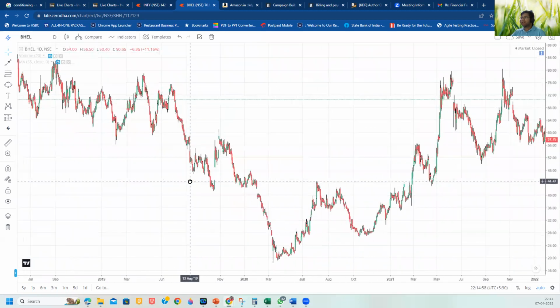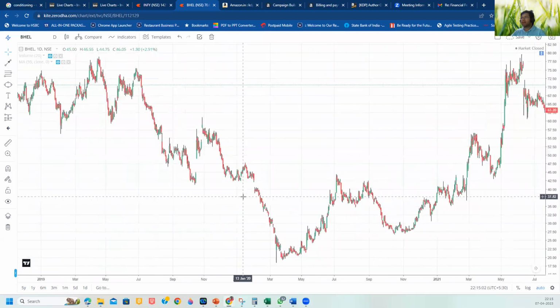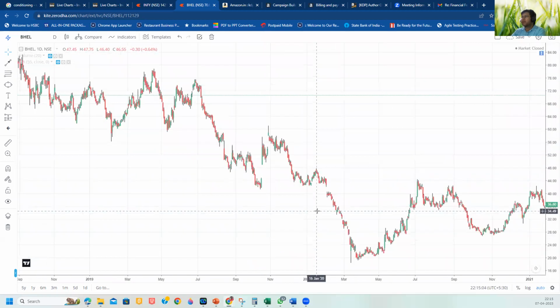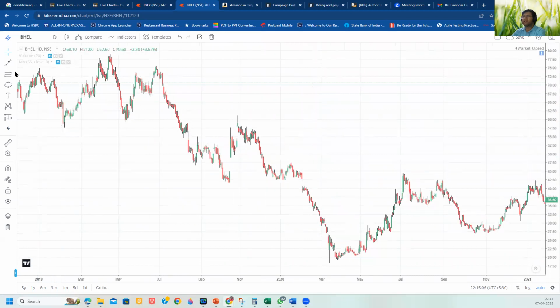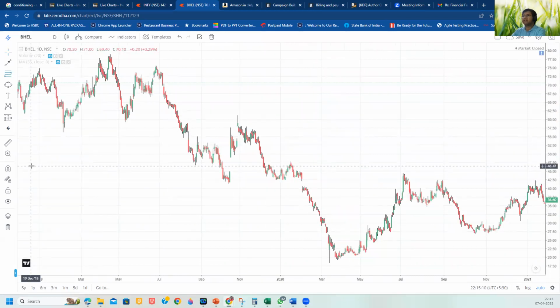So let us see one example of the falling market and how much the fib retracement happens. I'm just clicking the fib retracement tool and the price point. In this chart which is visible on the screen, this is the highest point.